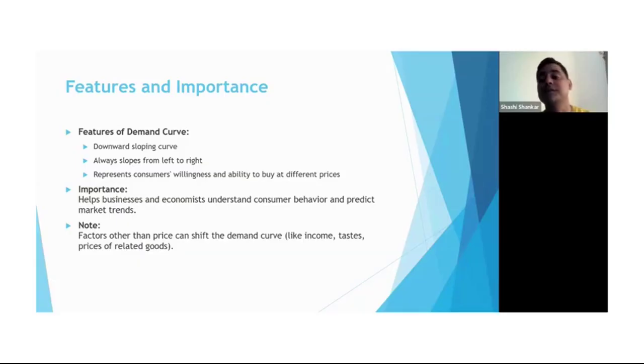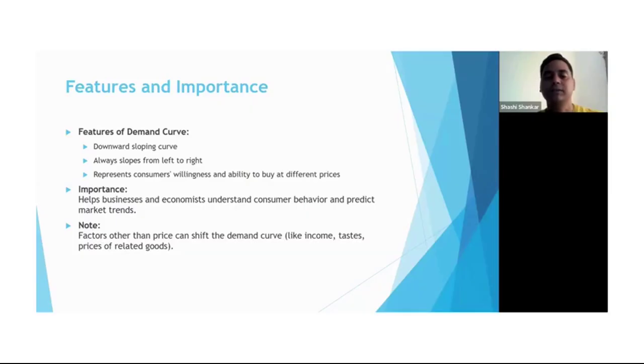The second one is taste. If taste changes, maybe the preferences change, then consumer behavior changes, and then definitely demand might fall or go up. Similarly, the price of related goods. If any product has alternatives in the market, and the price of related goods is changing, or they are cheaper compared to the existing product, then definitely the quantity demanded of the existing product might be reduced.